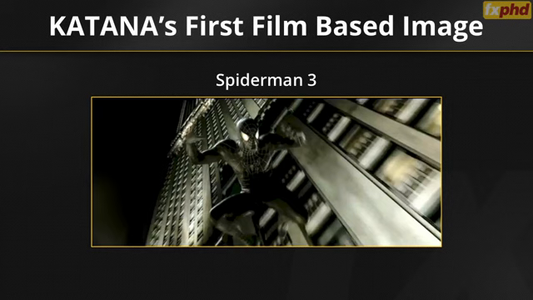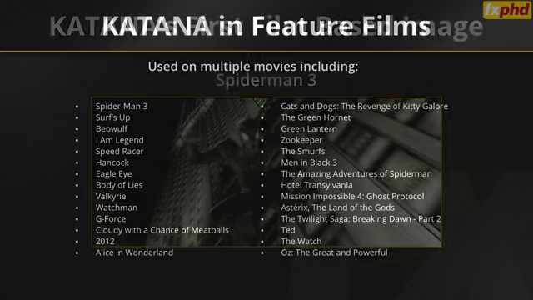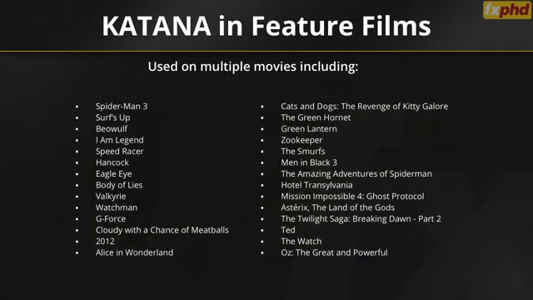So Katana in films, where would we have seen it? Well, pretty much anything from Spider-Man 3 onwards coming out of Sony. So you've got some massive things in there: Speed Racer, I Am Legend, Watchmen, obviously a massive one. Then you've got some of the animated features, Cloudy with a Chance of Meatballs. Things like Hotel Transylvania is obviously another big one, along with Smurfs.